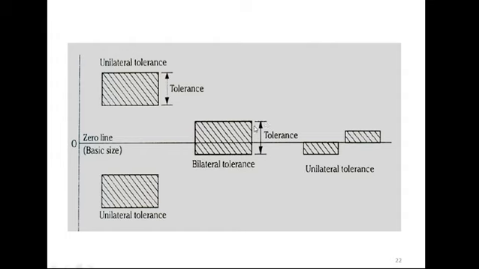Bilateral means it can vary on both sides, 20 plus minus 0.5. And next is the unequal bilateral tolerance, where the values on the upper side and lower side differ, for example a diameter of 20 with plus 0.5 or minus 0.1. Like this it can also happen.